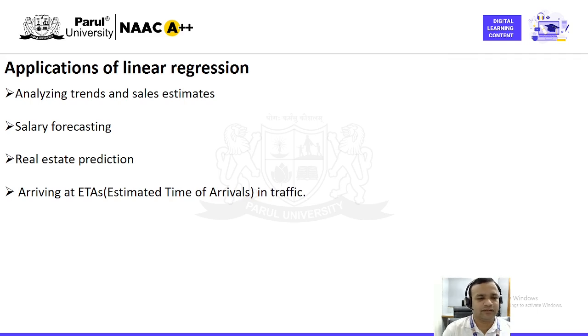In that application, whenever you want to go from Vadodara to Mumbai at 5 p.m. today, you just click on the source and destination name and find all the trains with their ETAs, the estimated time of arrival of that particular train. So this is the best example to understand linear regression.